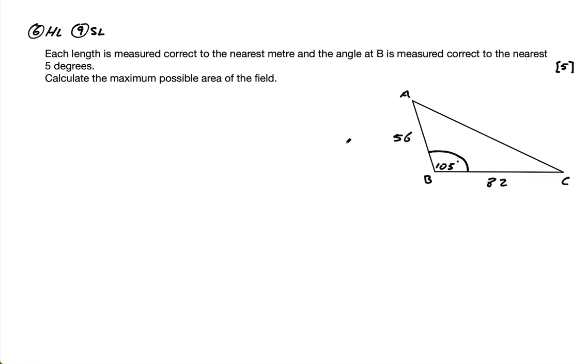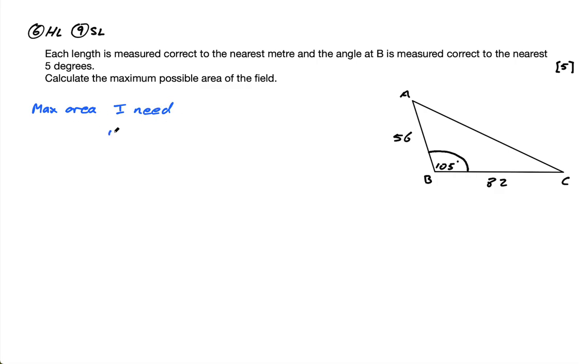So, to clarify, I need to find the upper bound of the lengths and the lower bound of the angle. That will give me the maximum possible area. So I'm going to write that down to show the examiner I know what I'm doing, and I'll get a mark for this.